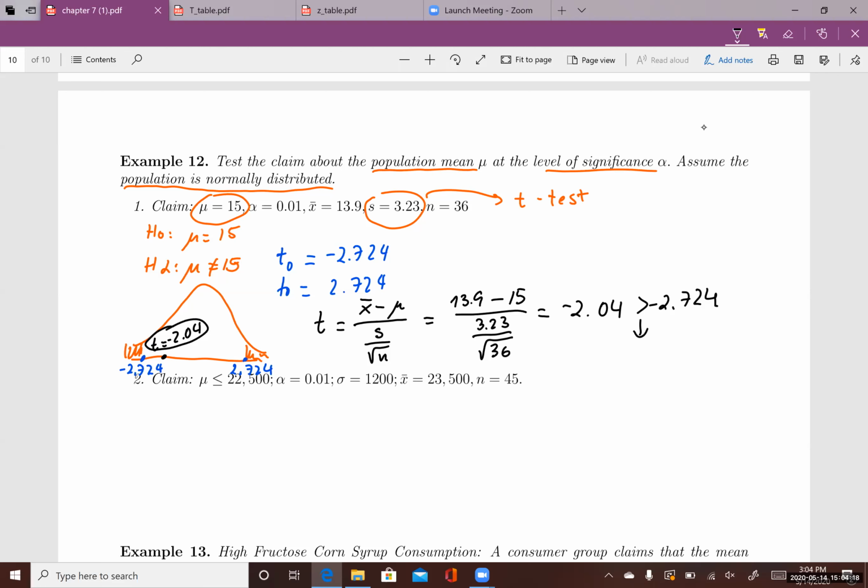So I can make a decision that I fail to reject the null hypothesis. And the null hypothesis is the claim. So that means I do not have enough evidence to reject the claim.